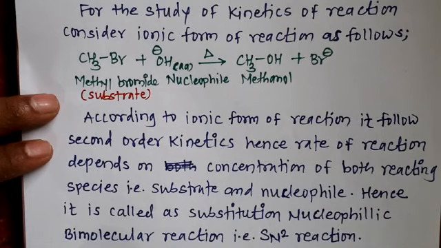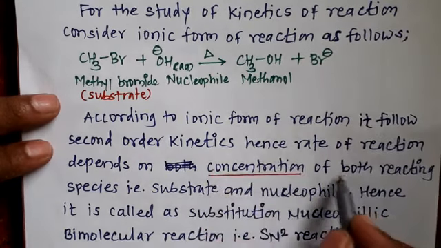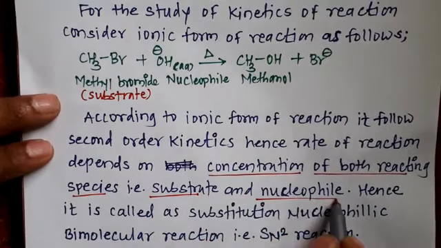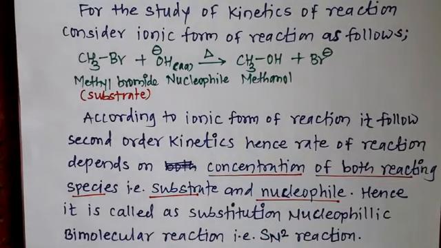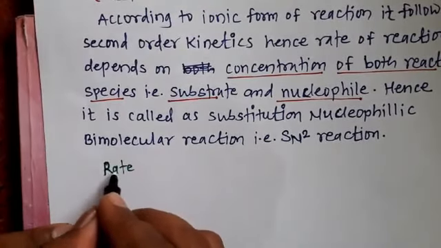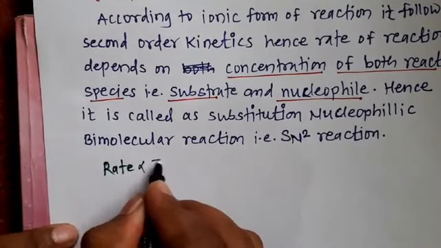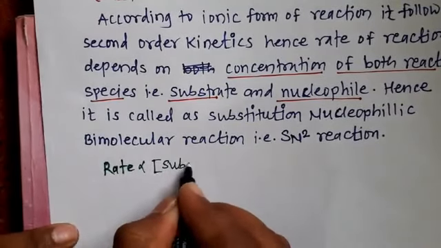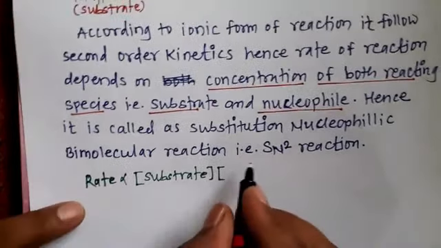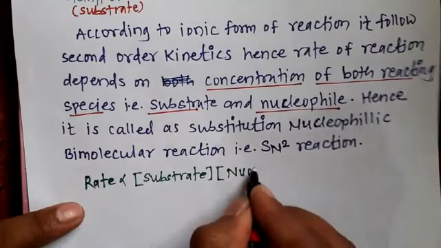because the rate of this reaction depends on the concentration of both reacting species, that is substrate and nucleophile. Hence we write the rate equation for this reaction as: rate is directly proportional to the concentration of substrate times the concentration of nucleophile.